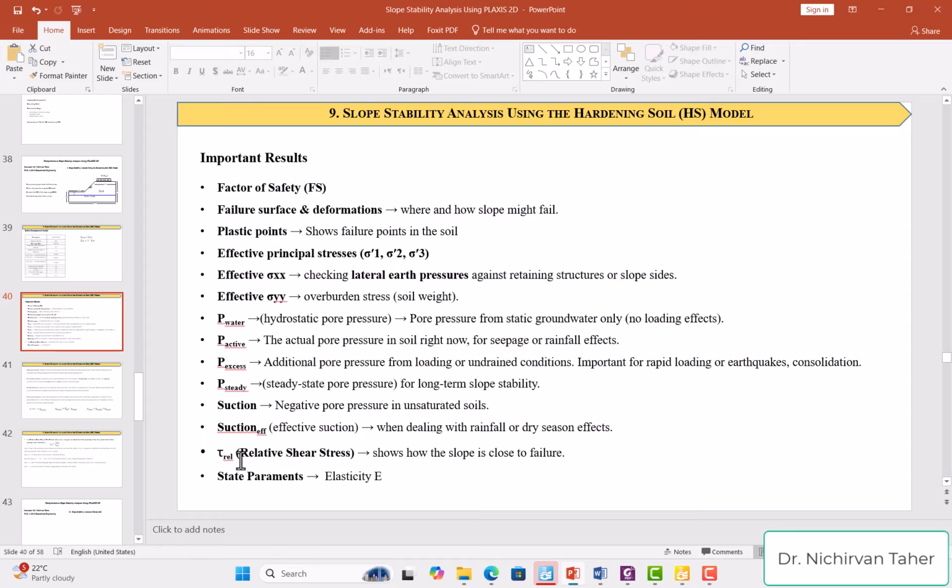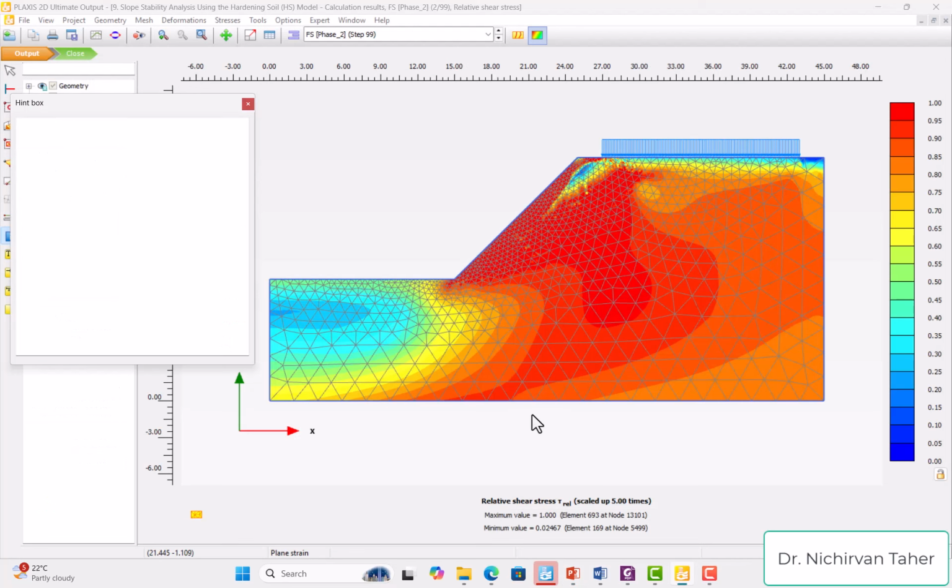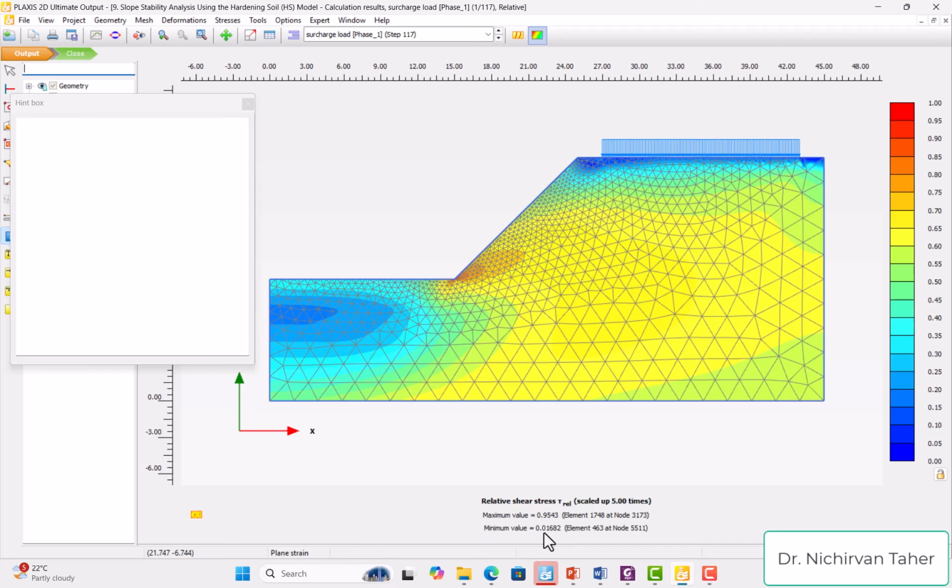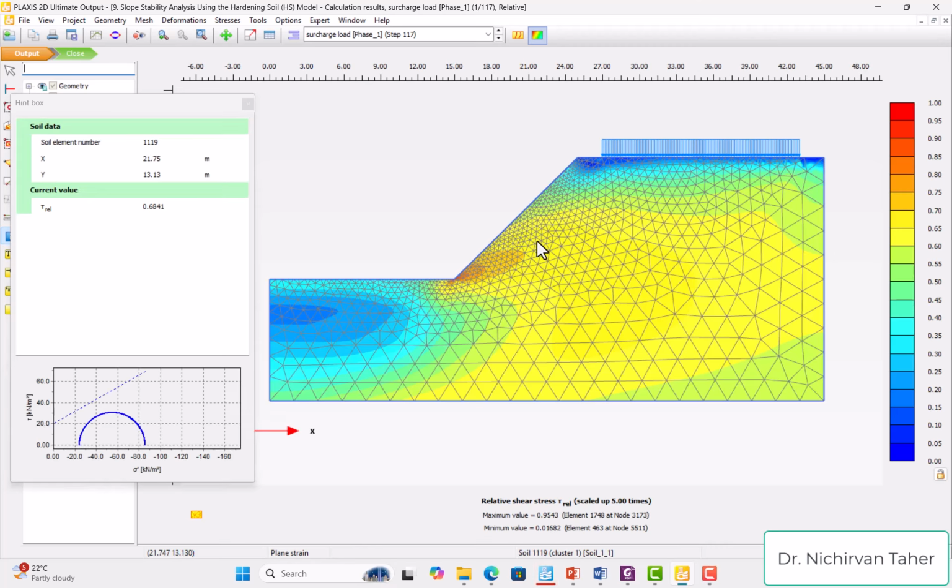Also, we have something called the relative shear stress. It is close to 1 at failure in the safety analysis, but it is not 1. It is a maximum of 0.9 in the surcharge load phase.